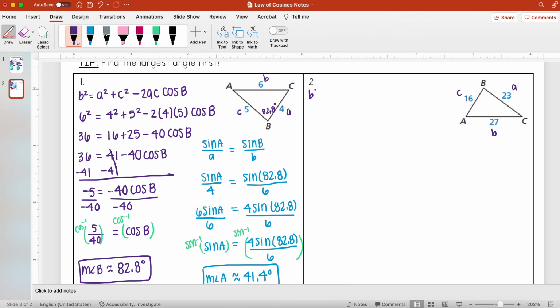And so I have B squared is equal to A squared plus C squared minus 2AC cosine of B. So plugging in what I know, I get 27 squared is equal to 23 squared plus 16 squared minus 2 times 23 times 16 cosine of B.